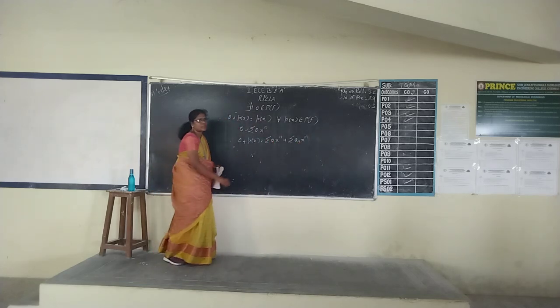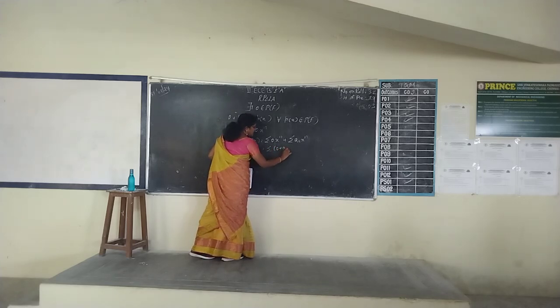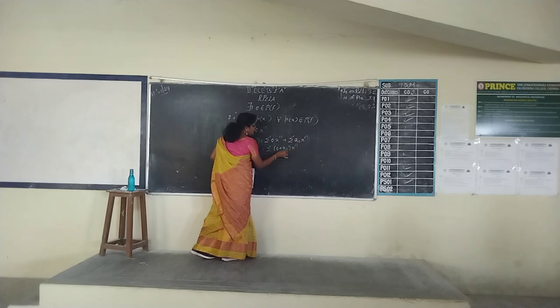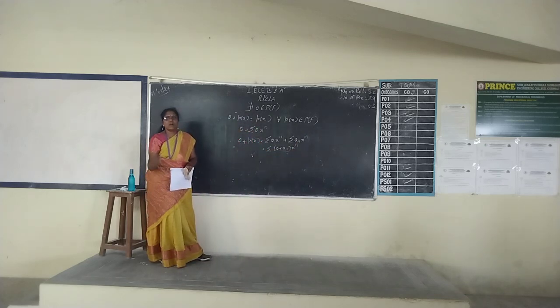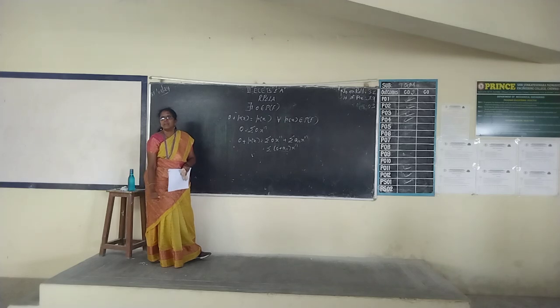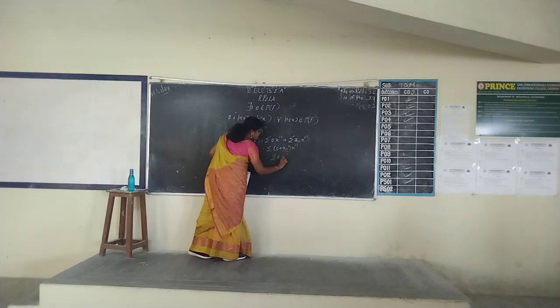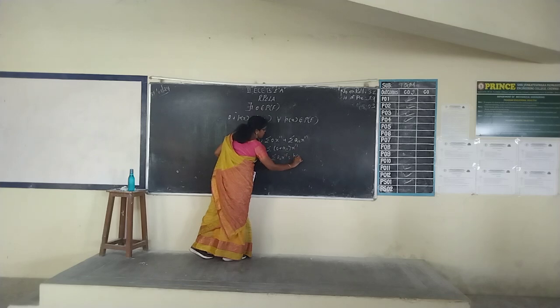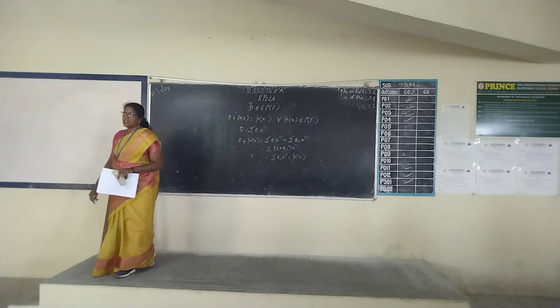Summation of (0 plus a_n) x power n. Now in this step it is simply a constant. So what is 0 plus a_n? a_n. So this is equal to summation of a_n x power n, which is equal to p of x. We are proving that 0 is our identity.